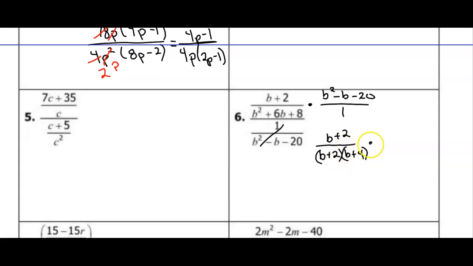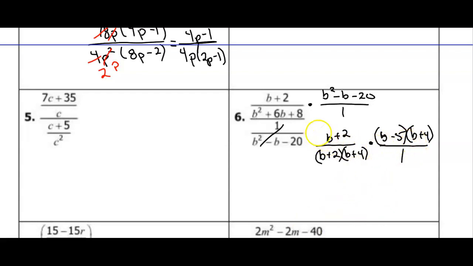And that is going to be times, up here we have b minus 5, b plus 4. And that's over 1.